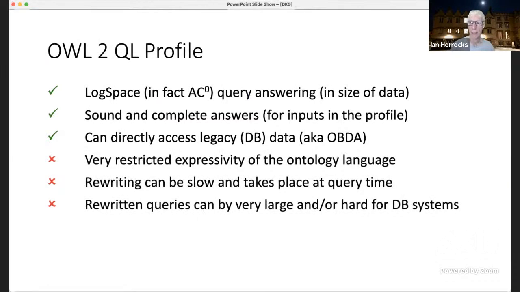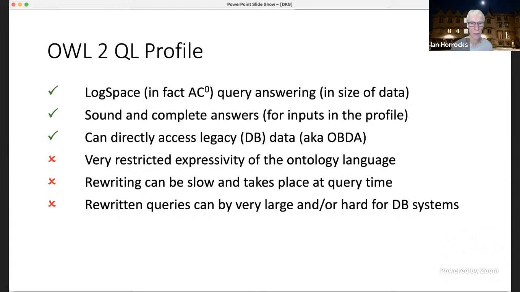The downside is, to make that work, the ontology language has to be really minimal. It doesn't even support conjunction on the left-hand side of these inclusion axioms. The rewriting process itself can be quite slow. If you have a big ontology, applying this backward chaining process can really blow up the size of the query, which can take some time.